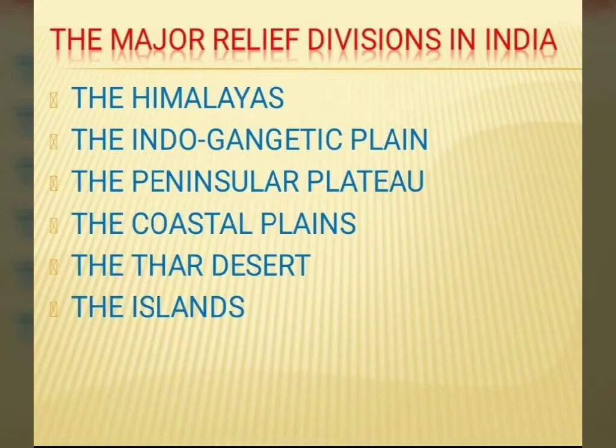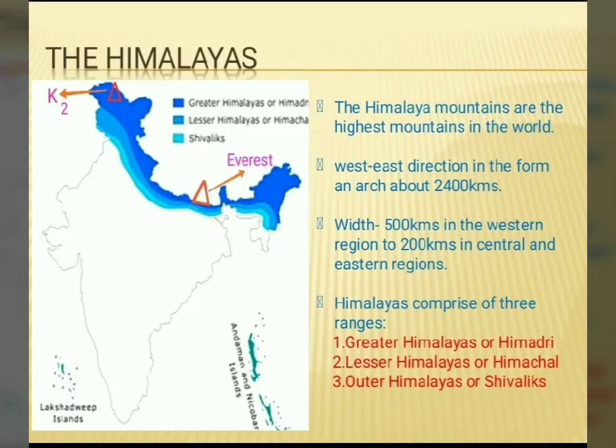The major relief divisions in India are the Himalayas, the Indo-Gangetic Plain, the Peninsular Plateau, the coastal plains, the Thar Desert, and the islands. A mountain is a huge landmass that rises above its surrounding area. The Himalayas are called young fold mountains.